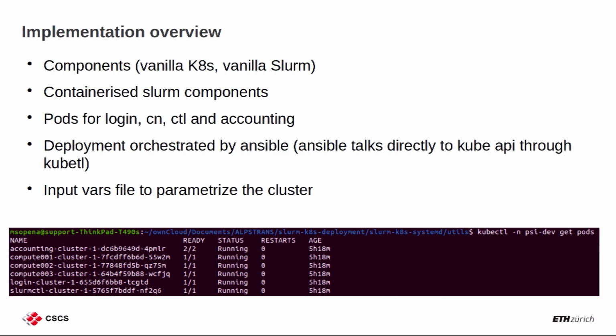And below there is just a screenshot of how the cluster will look. So in this case, you have 3 compute nodes, 1 accounting, 1 login node, and 1 controller. And as you can see, each one of them has only 1 container, except the accounting one, which has 2, MariaDB and the slurmdbd.